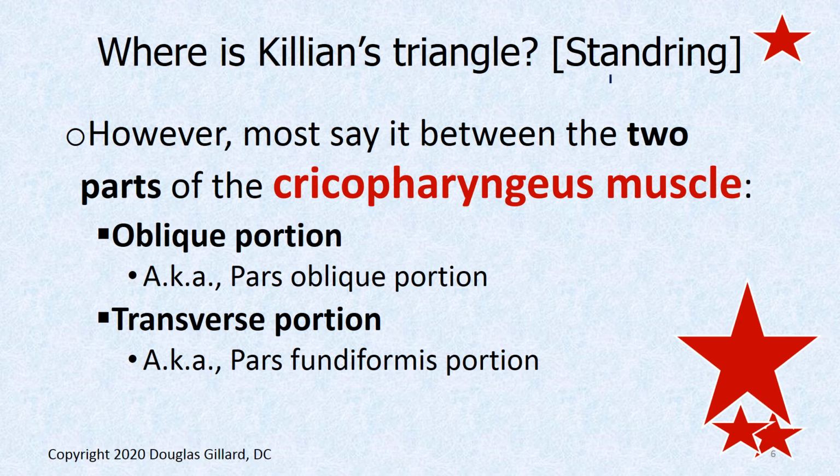Standring and other board authors say correctly that it's a meeting between the 2 subcomponents of the cricopharyngeus muscle. You remember from Gross 2 days, cricopharyngeus has 2 components, the oblique portion and the transverse portion. The oblique portion also is known as pars oblique portion. That's easy, but transverse portion has another name. It's called pars fundiformis portion.